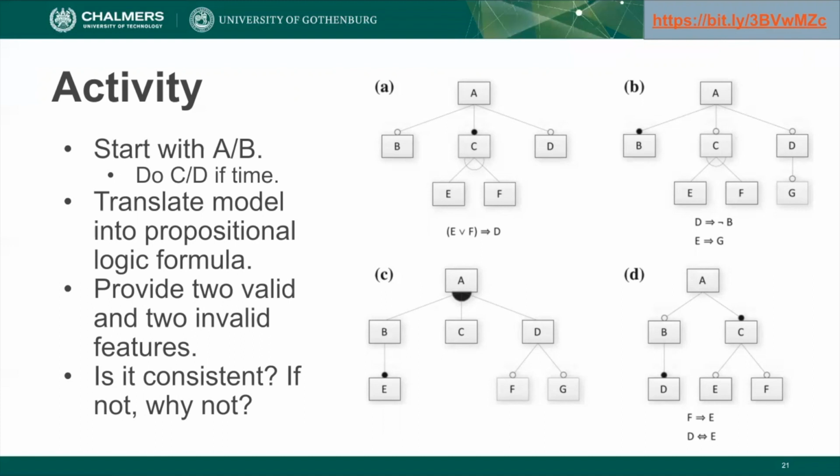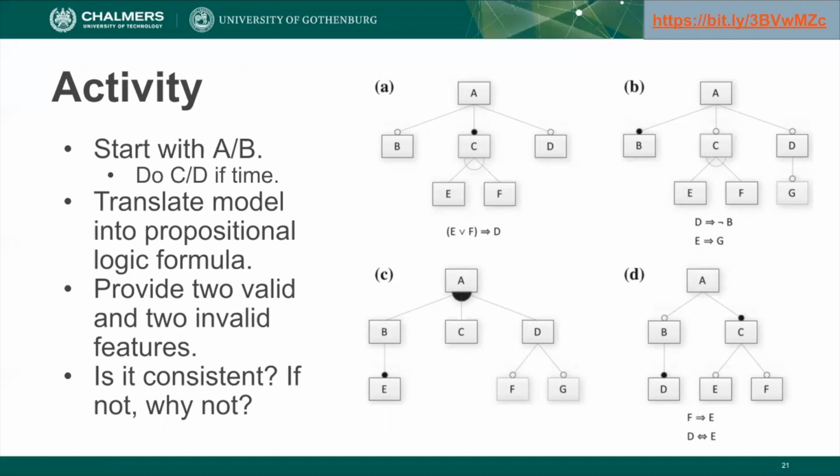For each of them, translate the feature model into a propositional logic formula. Note that the expressions next to A, B, and D here are additional cross-tree constraints. So in this case, choosing E or F implies we choose D as well. Even though D is normally an optional feature, we have that constraint in place.